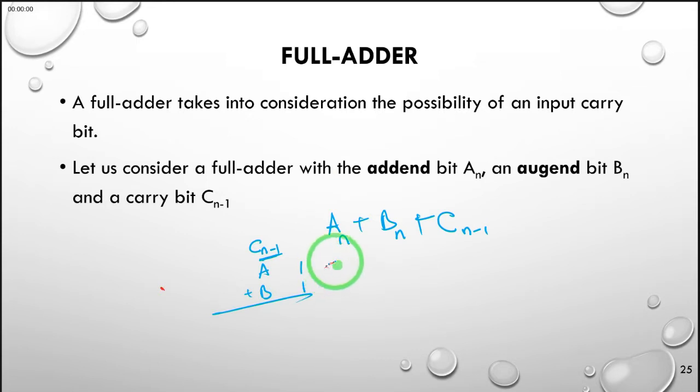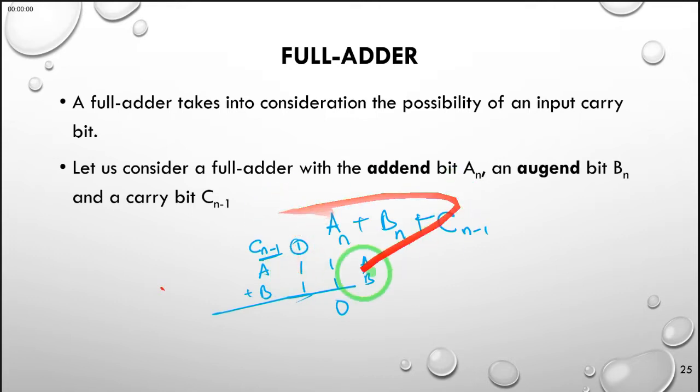Like we did 1 plus 1, adding them down, this is our A, this is our B, and if we have a carry, we say 1 plus 1 is 0, carry 1. Therefore, our Cn minus 1 would come here as 1. So in a few words, that is what we mean when we talk about augend, addend and a carry.